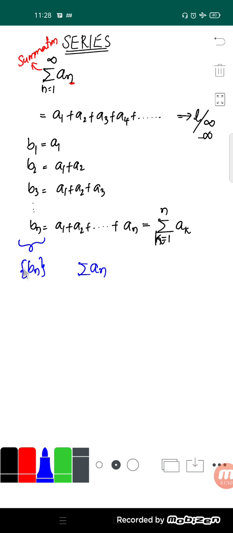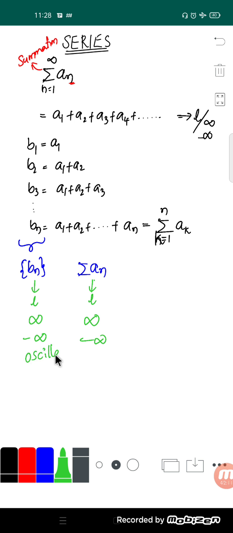If this one converges to a finite limit L, then the series also converges to L. If this diverges to infinity, the series also diverges to infinity. If it diverges to minus infinity, or oscillates, the series does the same.